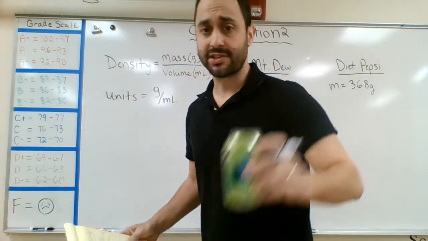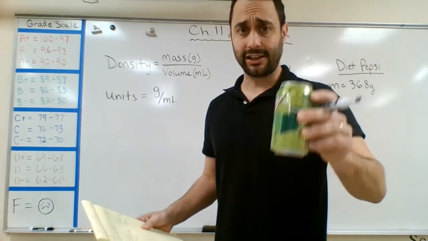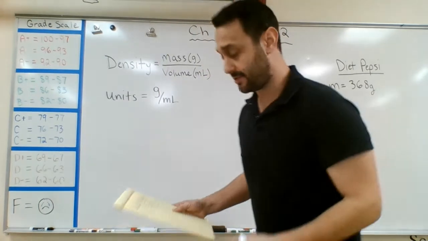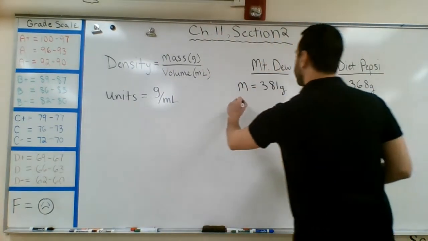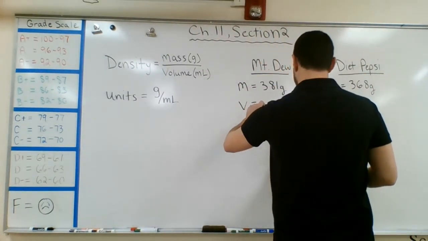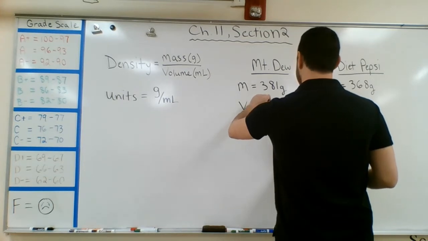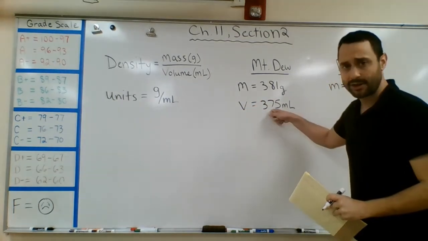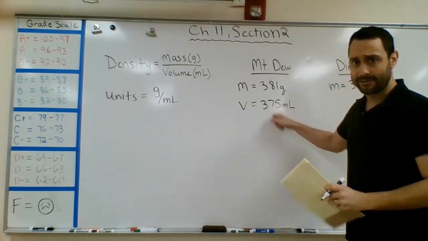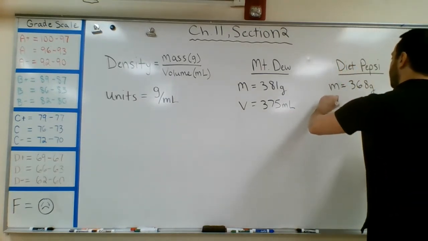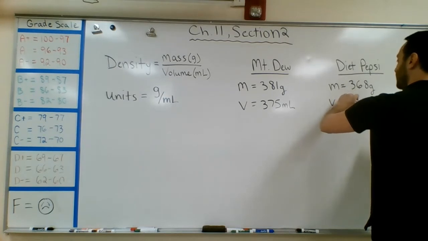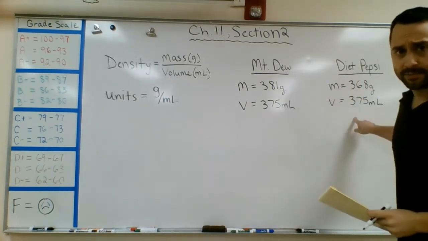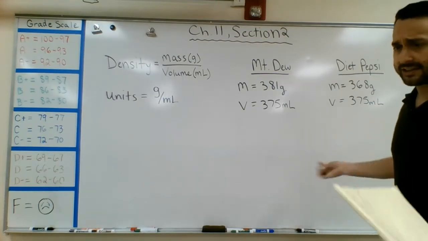The thing to remember is both these cans have exactly the same volume. They're the same size. They take up the same amount of space. So both my cans have a volume of 375 milliliters. That's how much water the can of Mountain Dew displaced and how much water was displaced by the Diet Pepsi.